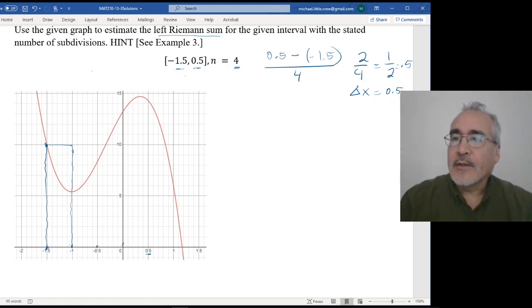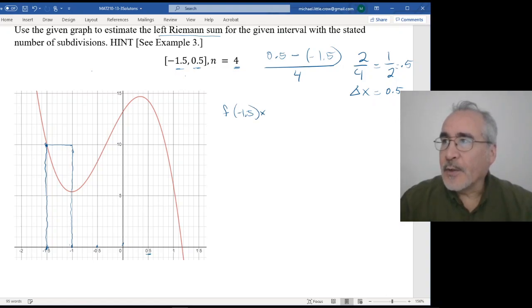Okay, and so this first area, we're going to take f of negative 1.5 times the width, which is 0.5. The height is going to be 10 times 0.5.